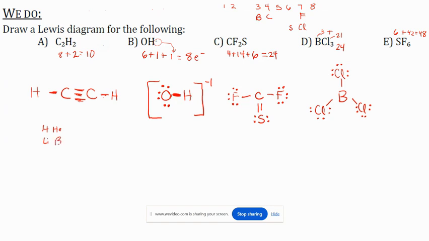We had our lithium, beryllium here. We had our boron, carbon, nitrogen, oxygen, fluorine, neon. Then we went down here to sodium and magnesium, aluminum, then silicon, phosphorus, sulfur, chlorine, and then argon.